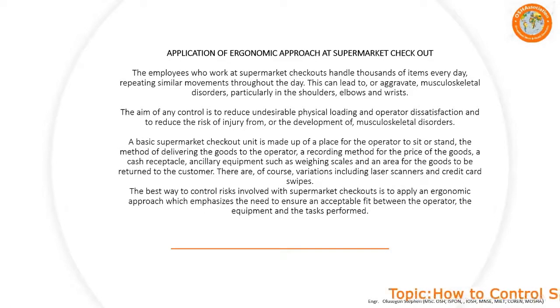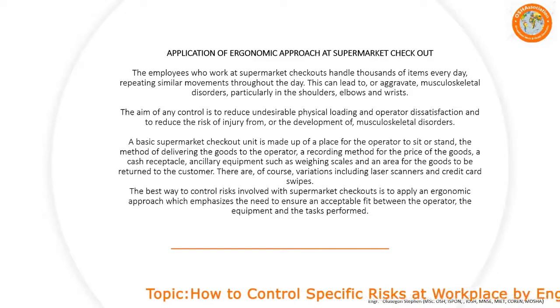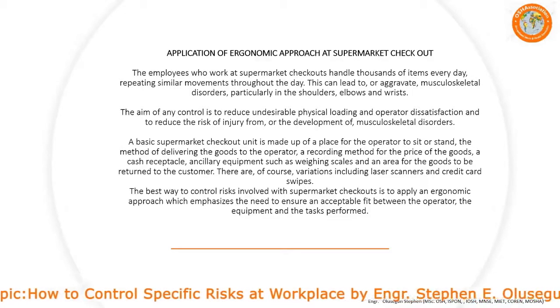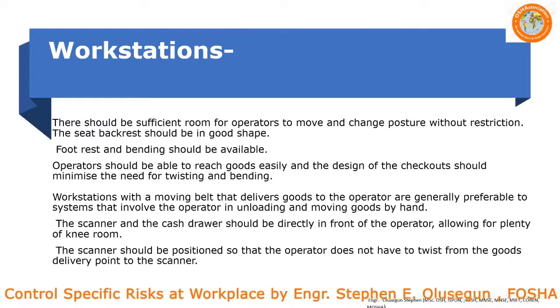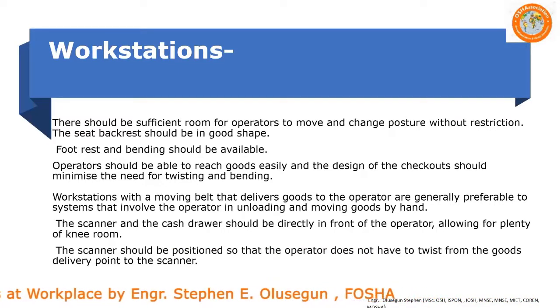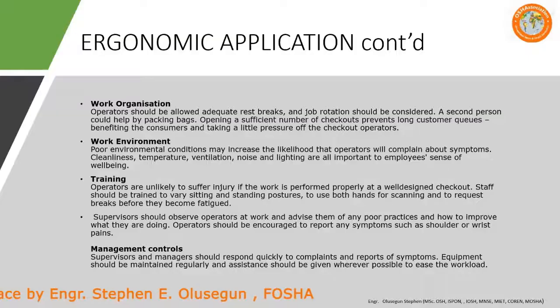And so we have the application of the ergonomic approach to the supermarket checkout. This is a good example where it is applied and the result is very glaring, producing something better for them. In the workstation, there should be sufficient room for the operator. We have mentioned some of these things: the ergonomic control, the work organization, the work environment, the training, the management controls.